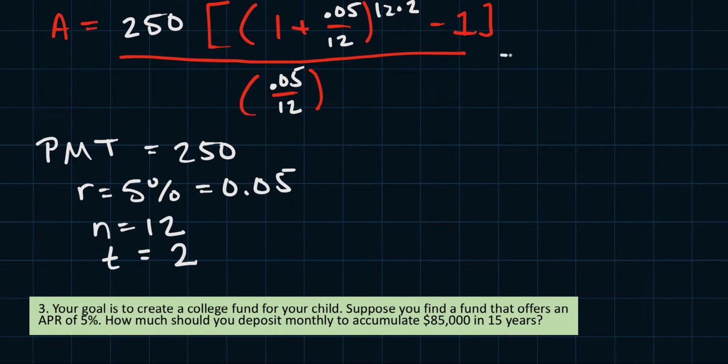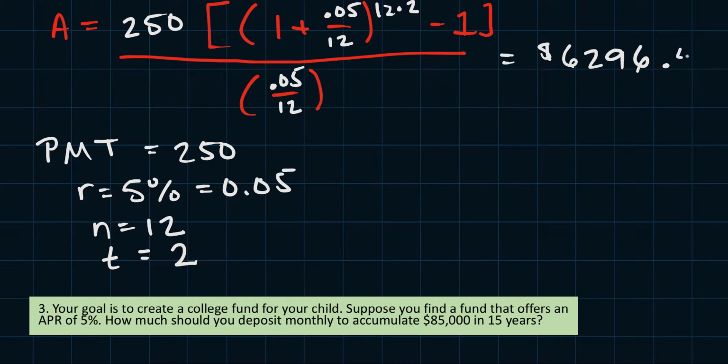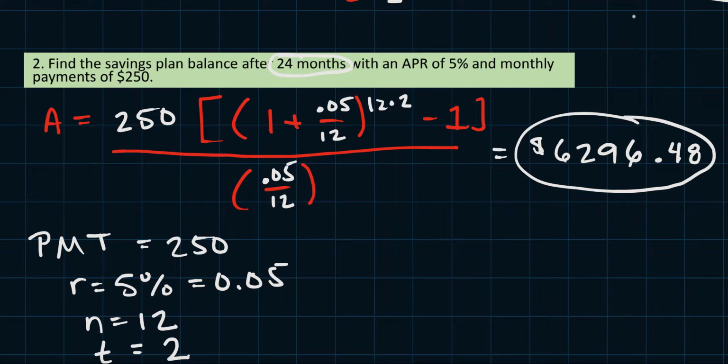We get 6296.48. So after 2 years, we'll have $6,296.48 in the bank.